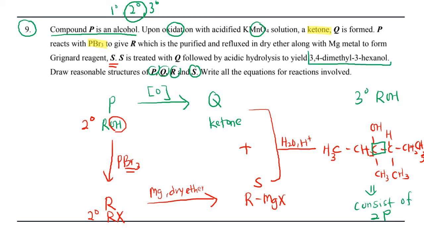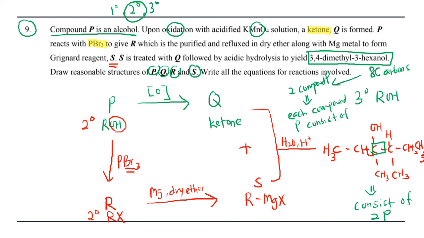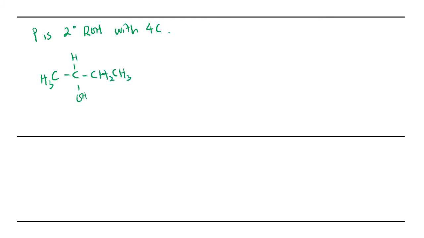Based on the name, 3,4-dimethyl-3-hexanol has 8 carbons, and these 8 carbons come from 2 compounds P. So each compound P consists of 4 carbons. As P is a secondary alcohol with 4 carbons, we predict the structure of P is CH3CHOHCH2CH3.